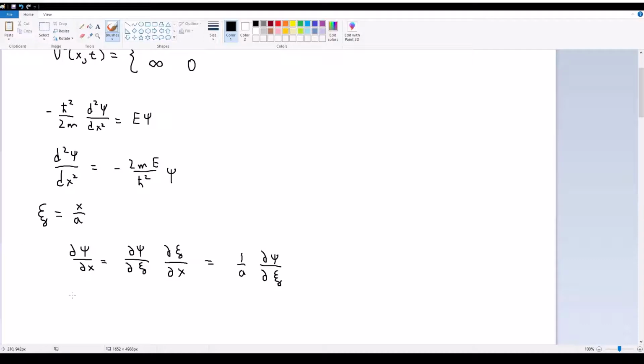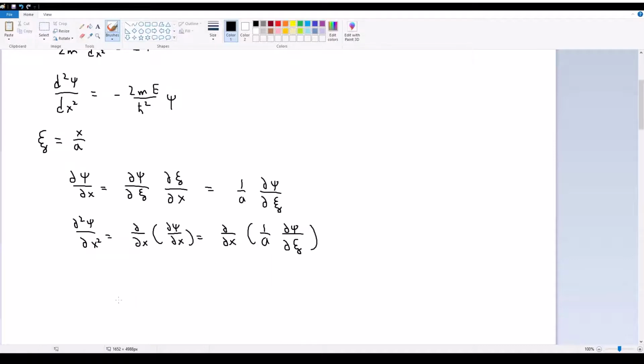Then the second derivative, d2 psi by dx squared, is going to be d by dx of d psi by dx, which is going to be equal to d by dx of 1 over a d psi by d chi.